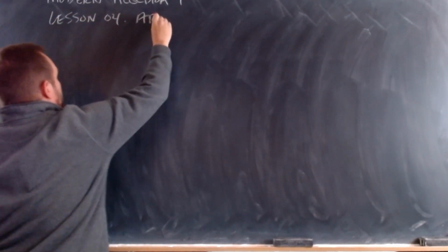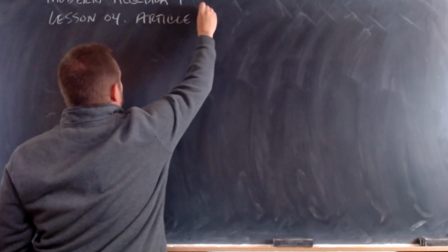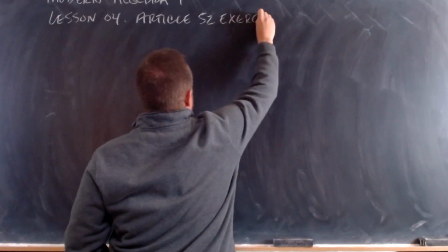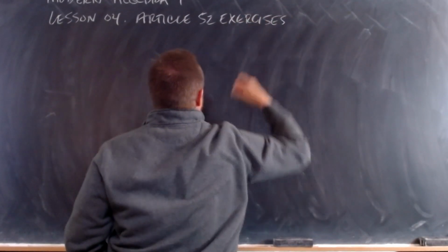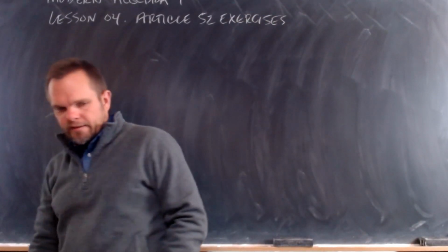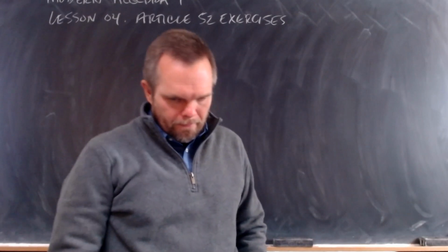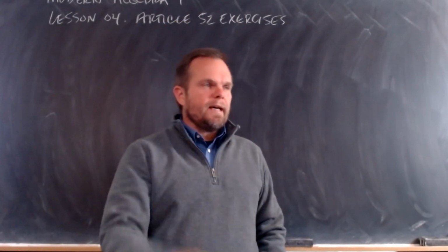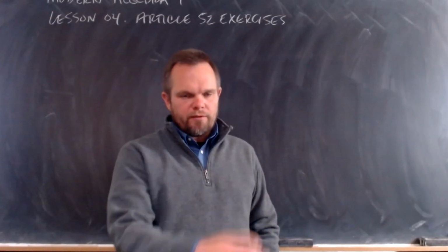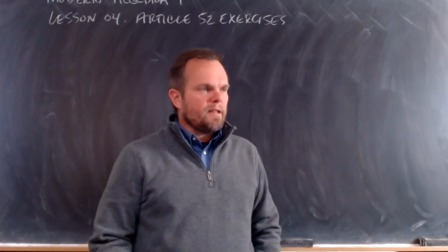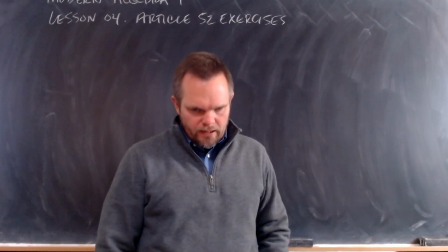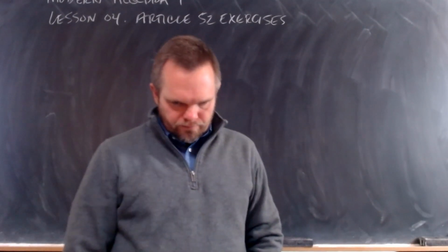Article 52, exercises. They're actually listed as examples. They're named examples, but we'll call them exercises. And they're going to put to the test your knowledge of the different definitions and explanations that we've studied so far, okay? So we'll walk through these.